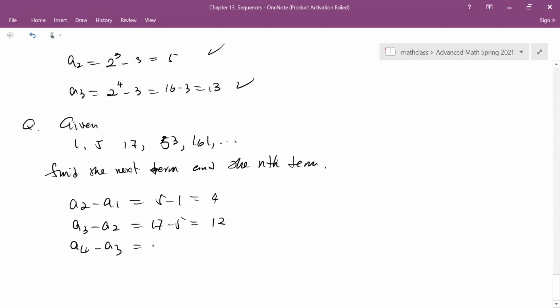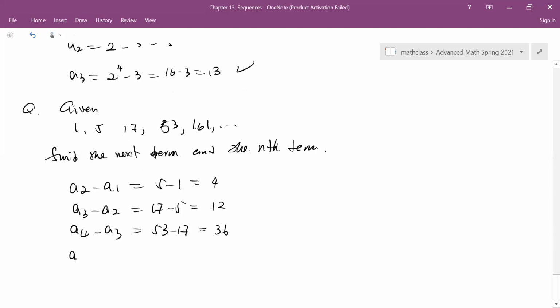A4 minus A3 is 53 minus 17, which is 36. A5 minus A4 is 161 minus 53, which is 108.